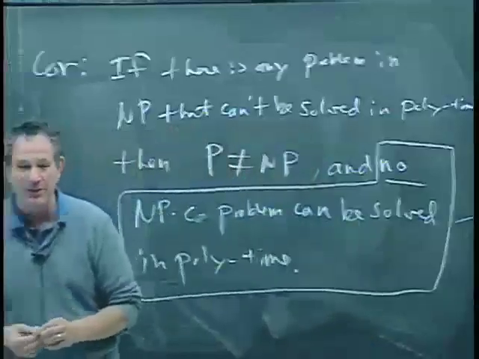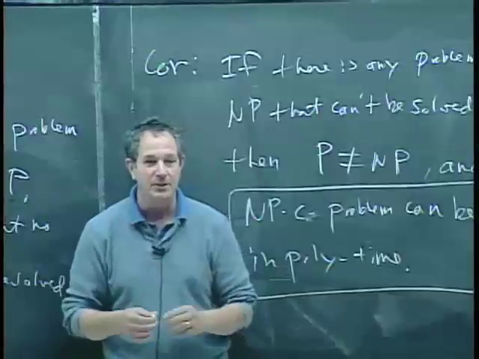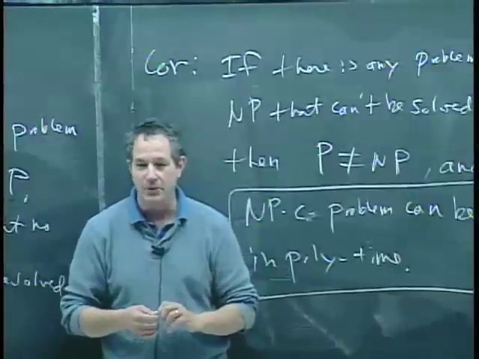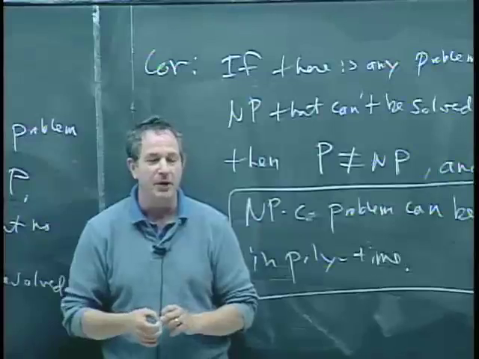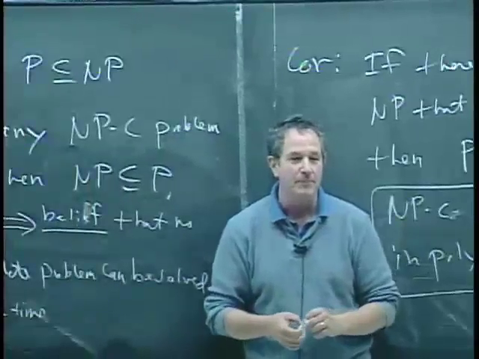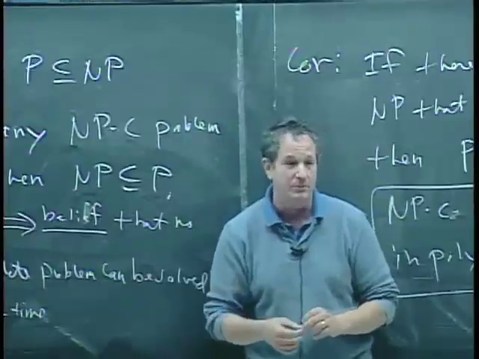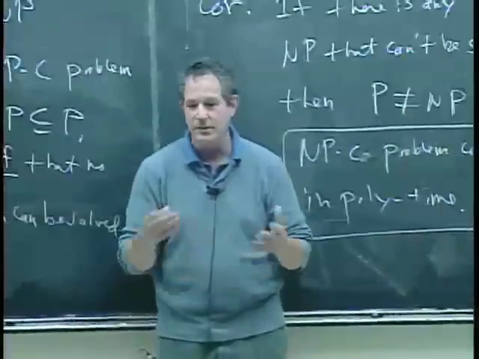No, I have no personal idea, but about 3 months ago, there was a plausible proof that was offered. Plausible means it came from somebody reliable or believable, of P not equal to NP. They thought they came up with an actual proof. And since then, it's kind of fallen apart.